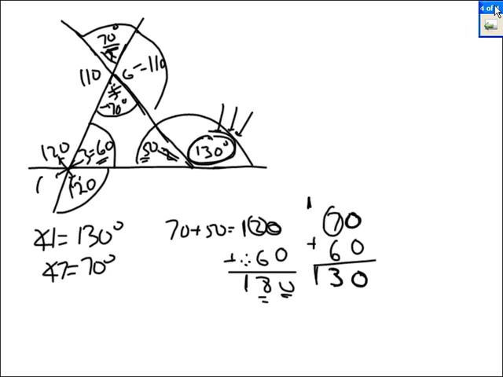Opposite 60 is also 60. Opposite 50 is 50. Opposite 130 is 130. So I found everything, and all I were given were two angles. Two angles determine that whole triangle. Interior, exterior, all of that stuff.